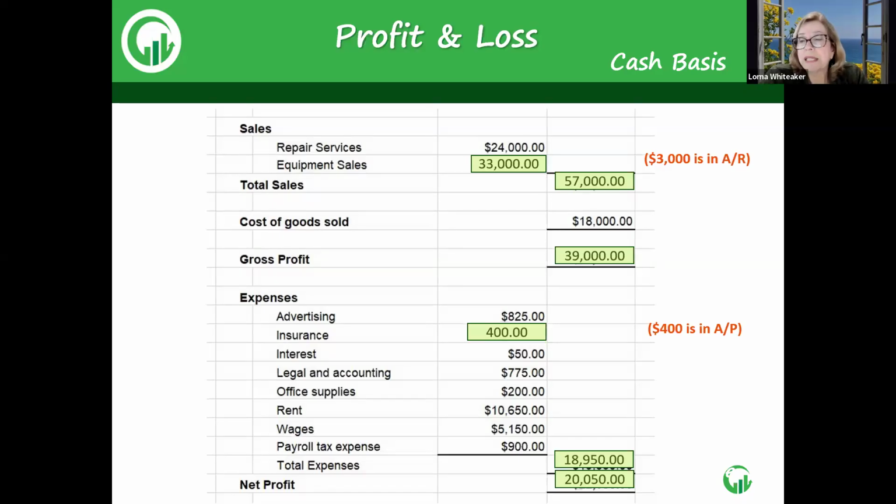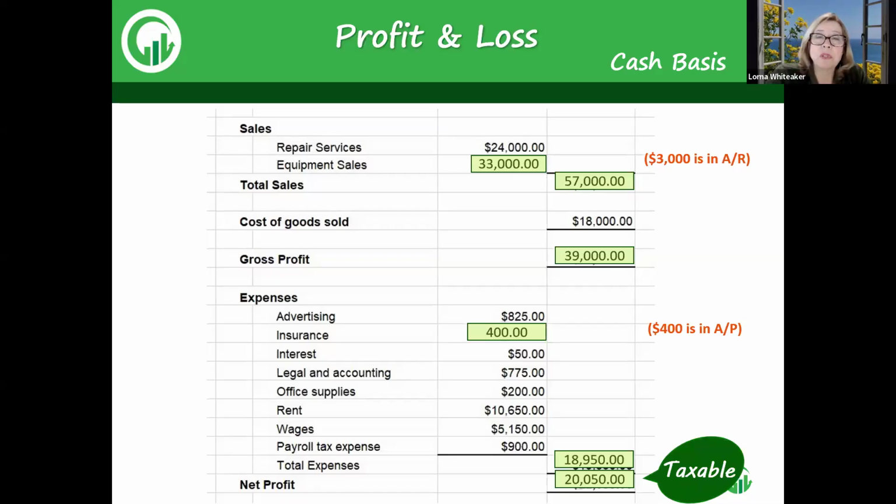In my example, under insurance, I elected to pay half my insurance now. I paid $400, and another $400 is still in accounts payable that I still have to pay. The other stuff has all been paid. And so my total expenses are $18,950 for a net profit of $20,050. Now, if this was on the last day of the year, this number is now taxable.